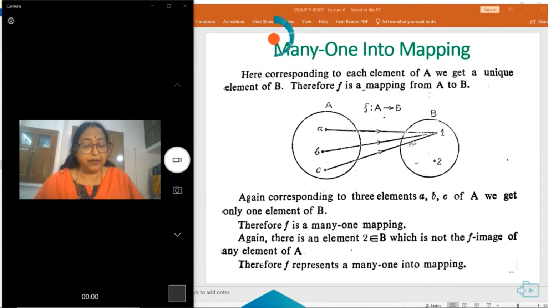Such as a, b, c have their images in B, as we can see on screen, that is 1.